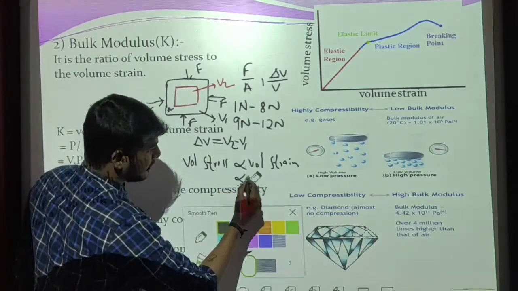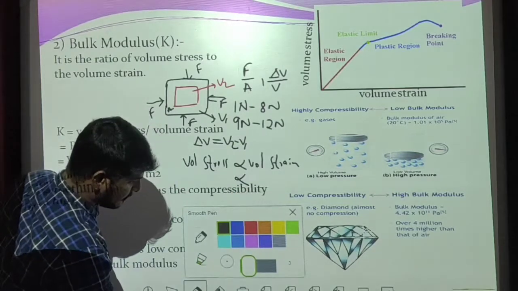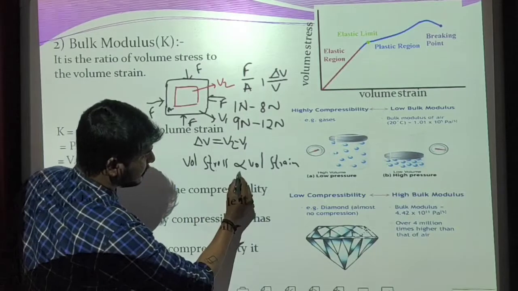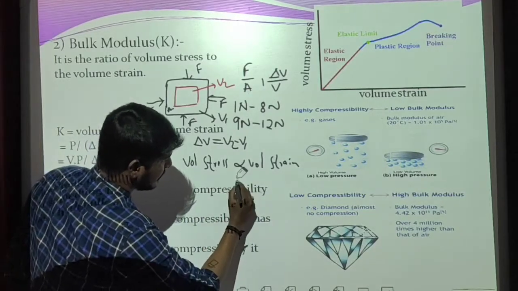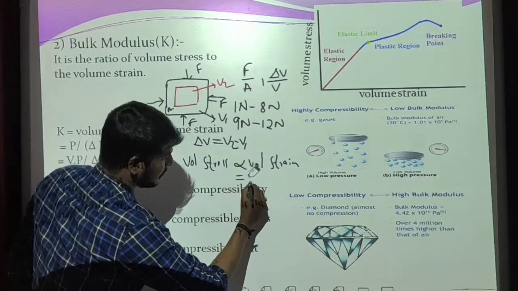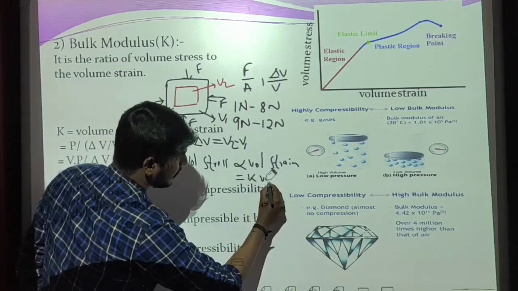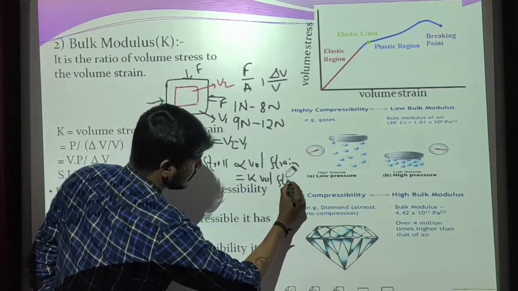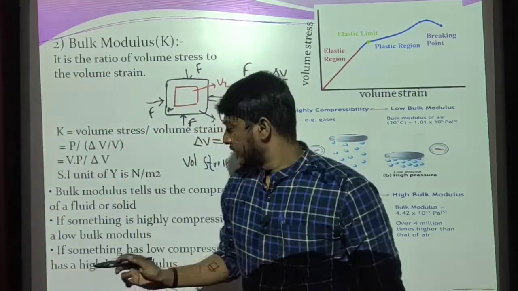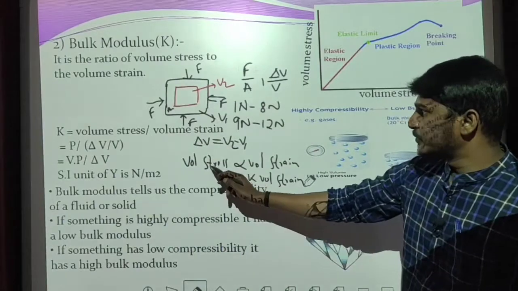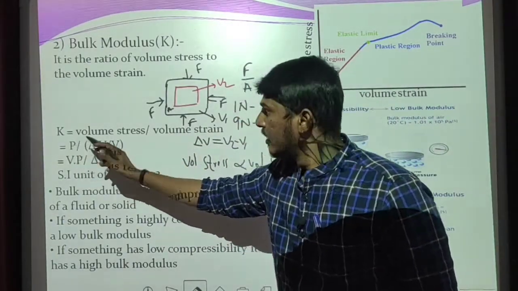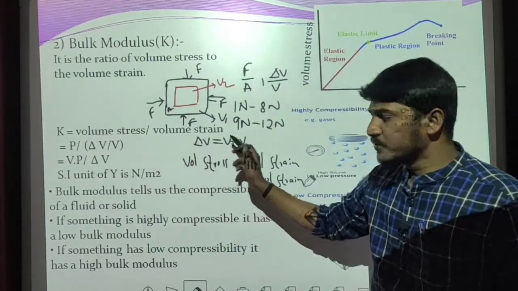Then volume stress is equal to K into volume strain. Then K is equal to volume stress by volume strain. Here you can see that K is equal to volume stress by volume strain.